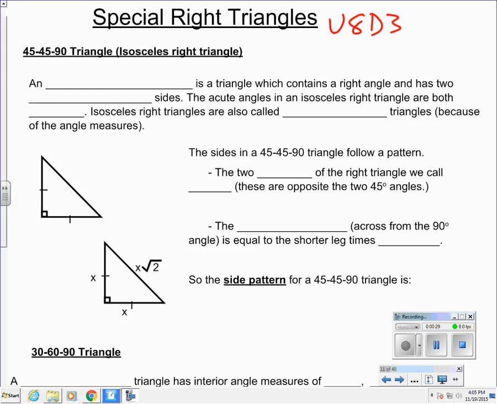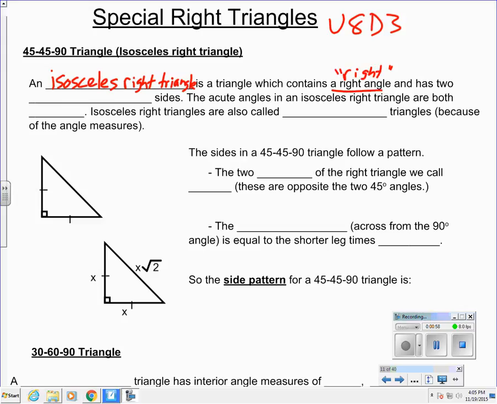The first is called an isosceles right triangle. This triangle has a right angle, so it's a right triangle.